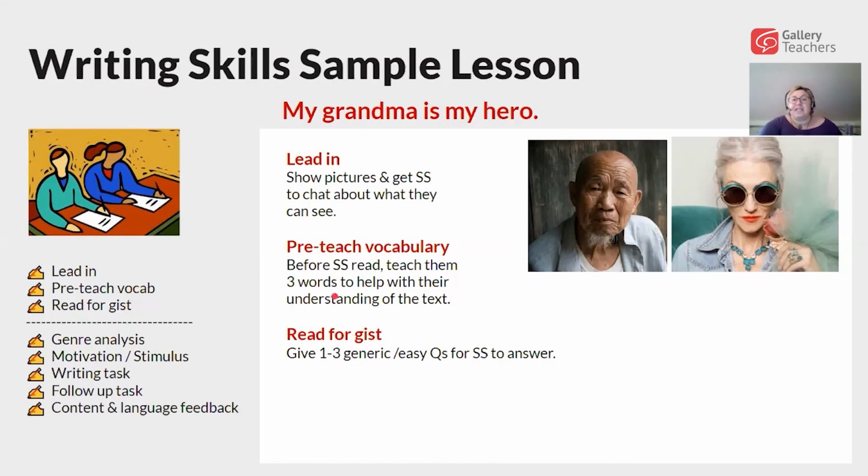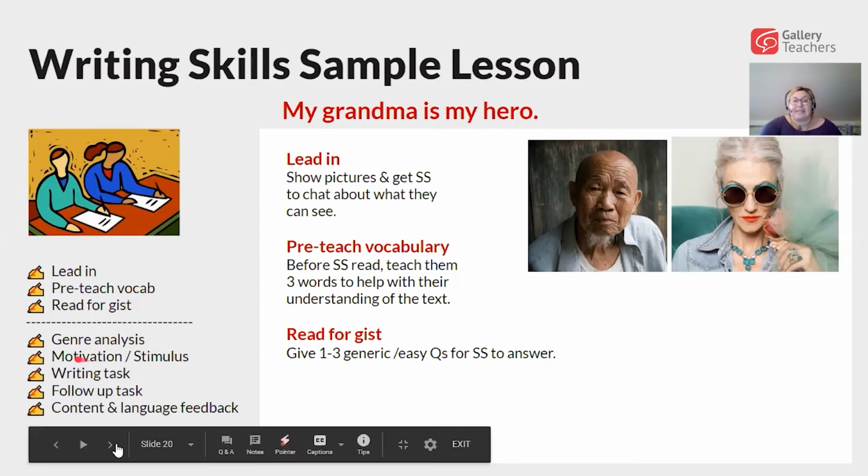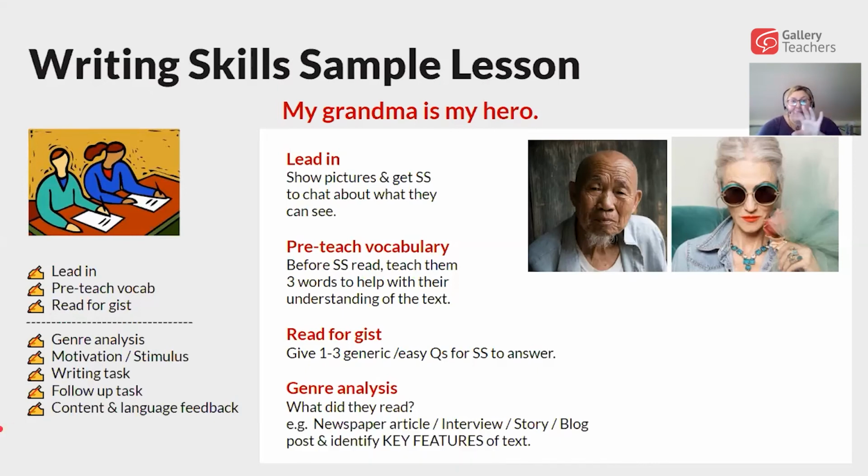So once they've understood what they're reading about, the next stage is to analyze what kind of text it was. So what did they read? Was it a newspaper article? Was it a blog? Was it advice on TripAdvisor, on social media? Something that the student needs to be able to understand that makes what they've read typical for the kind of text that they're looking at.